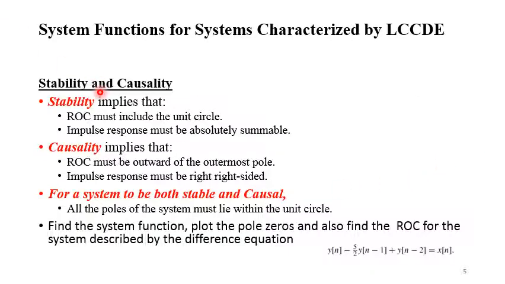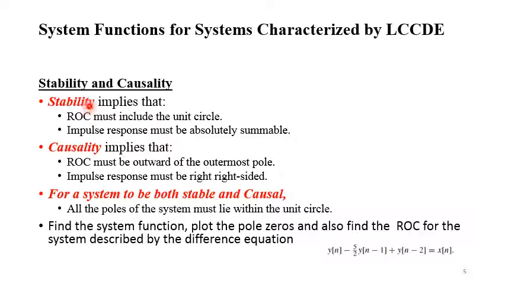Then we come again to the two terms, stability and causality, and you know both the terms very well. In the time domain, for a system to be stable, its impulse response must be absolutely summable. You also understand that the z transform is valid for both stable and unstable systems.